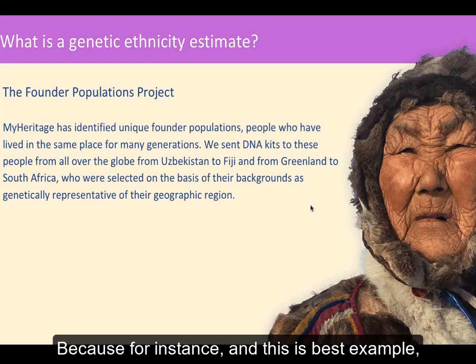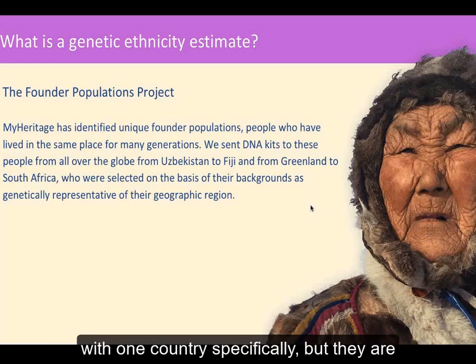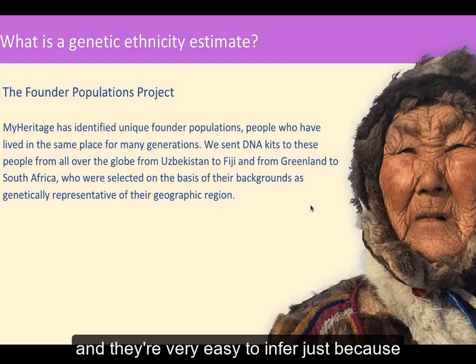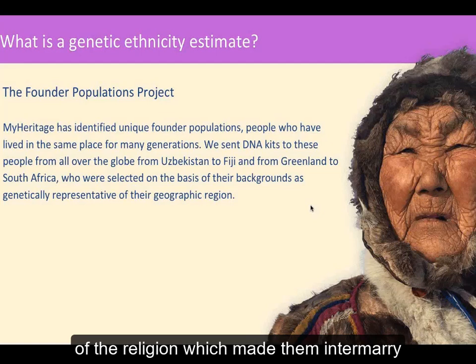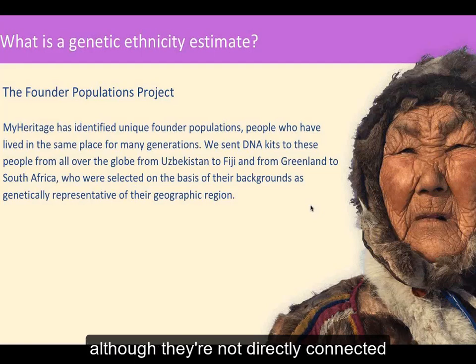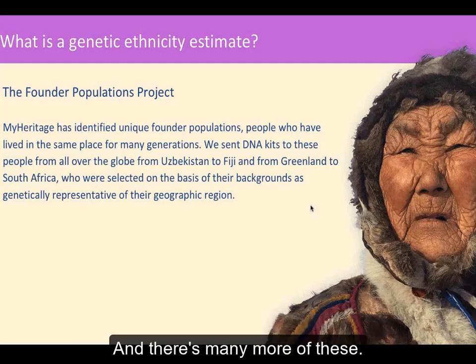The best example is the Ashkenazi Jews, who are not associated with one country specifically, but have very similar variation, and are very easy to infer because the religion made them always intermarry between each other. So they're also a founder group, although not directly connected to a specific country. They're more around Eastern Europe. And there are many more of these.